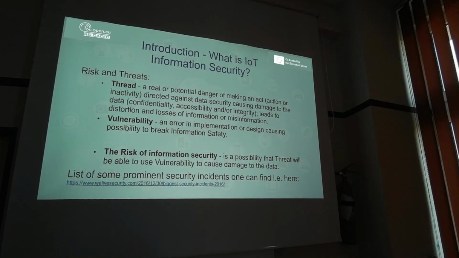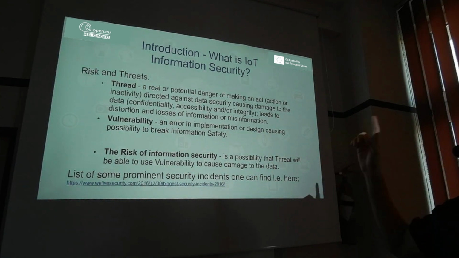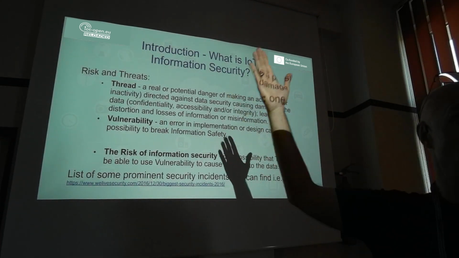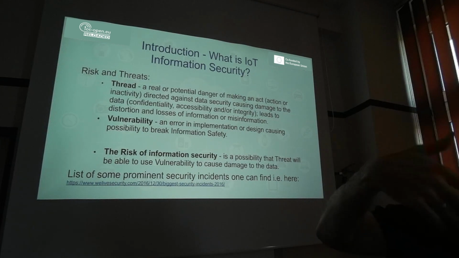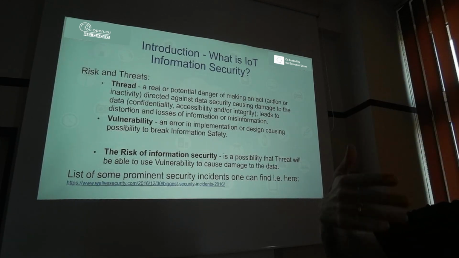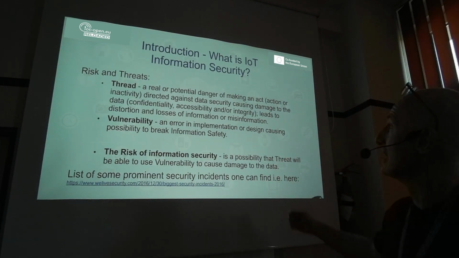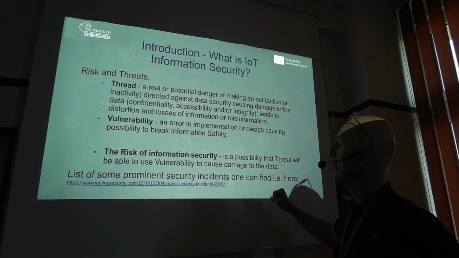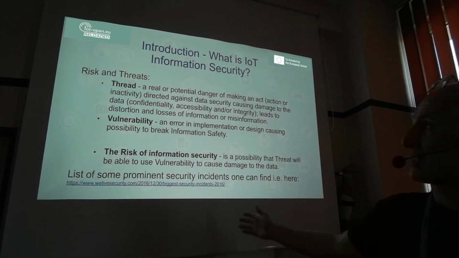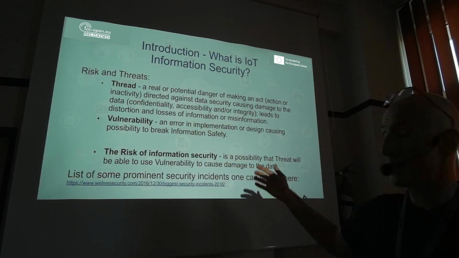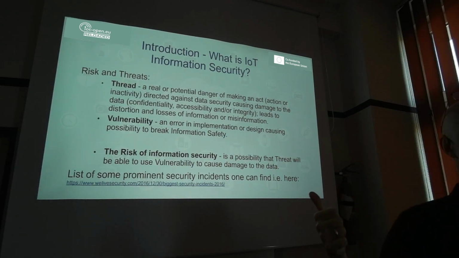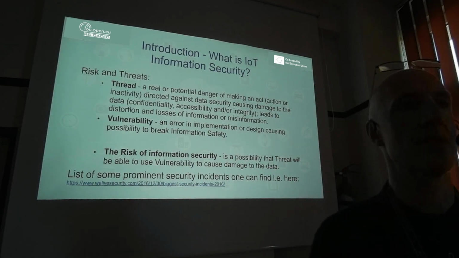So the risk of information security is a possibility that someone, like a threat or something, because we can also think right now about an AI that is potentially smart enough to break and make a threat. Someone and something, some system, some person, is able to use some vulnerability to cause damage to the data. So there must be two factors, right? First, a possibility to do something bad, and second, someone has to use it.